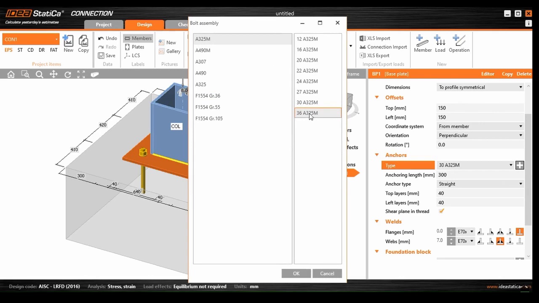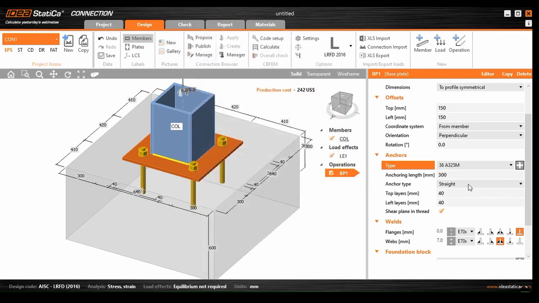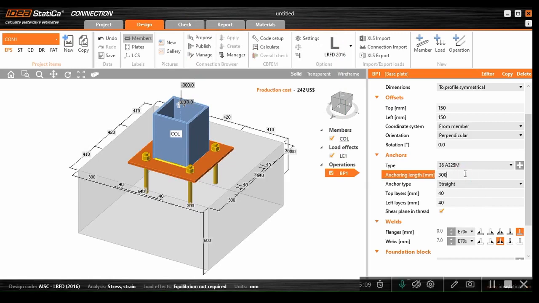It means that the diameter of anchors is 36 millimeter, and the A325 is representative of the optimum tensile force it can stand. Then click on OK. In the next part, change the length of the anchoring to 700.